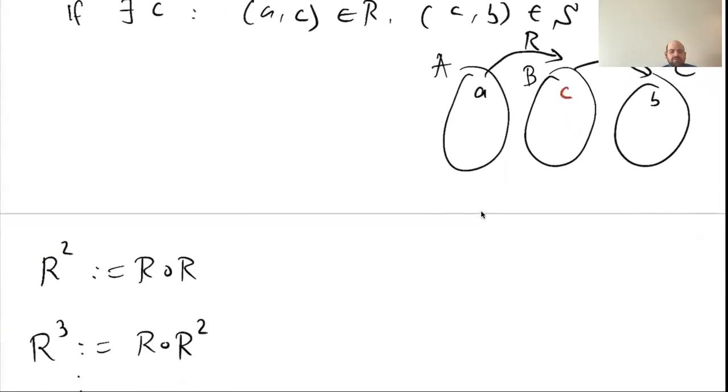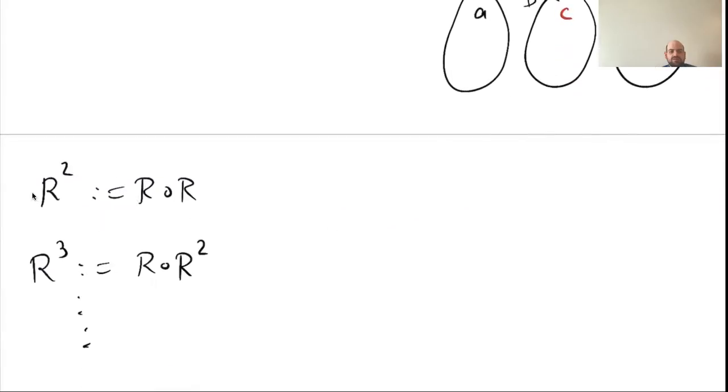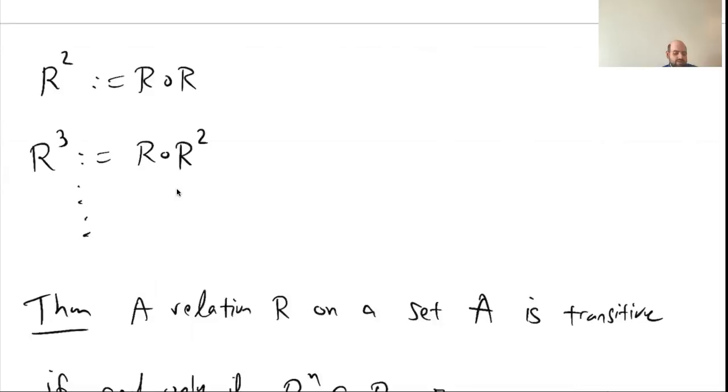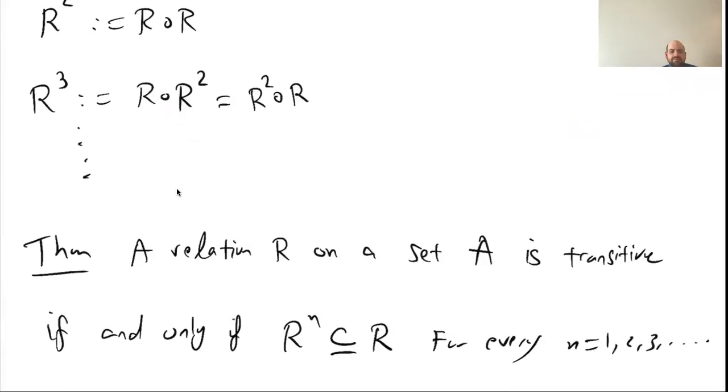Okay, so this is a composition of two relations, and then we define R² as R∘R. R² is defined as R∘R, R³ is defined as R∘R², which is the same as R²∘R, and similarly R⁴ as R³∘R or R∘R³, and so on.